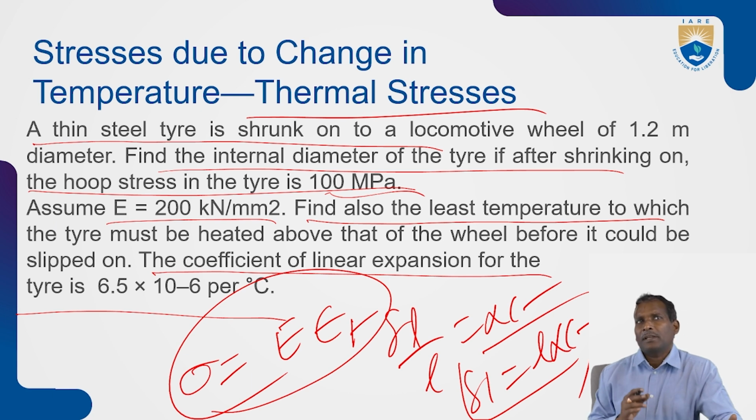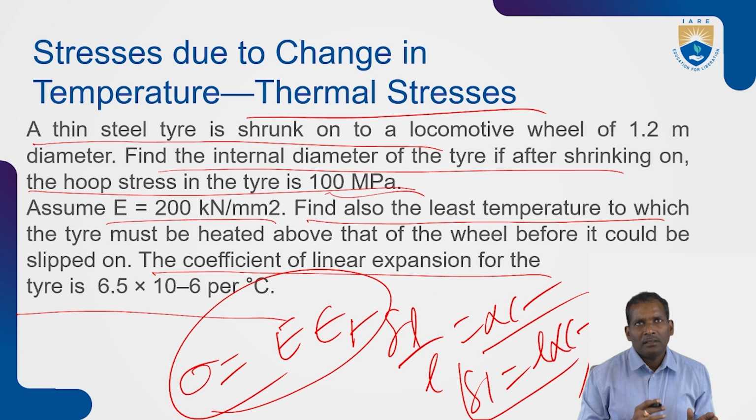The wheel diameter is given, and the inside diameter of the tire we have also calculated. For this shrink fitting, what is the temperature required? We have calculated that 71 degrees centigrade is required to which the tire must be heated above that of the wheel before it could be slipped on.